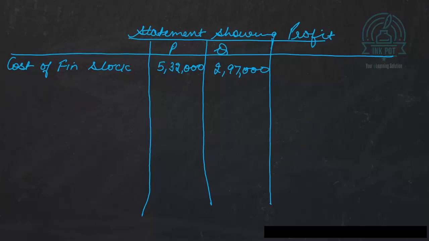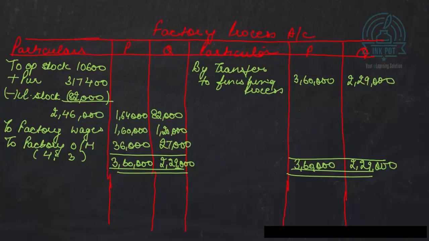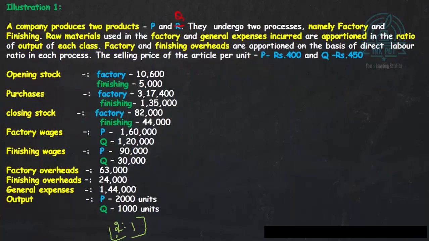We were not given whether these general expenses belong to factory process or finishing process. In case we are given some common expense like general expense, and we are not given that it is to be divided into factory and finishing in a particular ratio, we can show these general expenses in the statement showing profit.